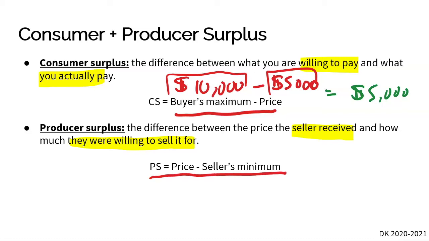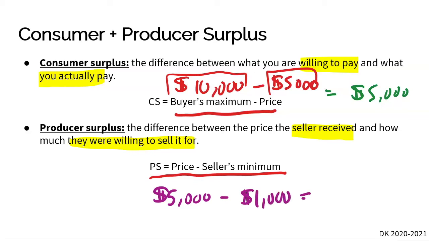So let's look at this car example again. In our last example, we said the car sold for $5,000. But let's say the seller was willing to go as low as $1,000. So my maximum price was $10,000. The seller was willing to sell this car at $1,000, meaning if I offered a price of $999, the seller wouldn't take it, because the lowest that seller is willing to go is $1,000.